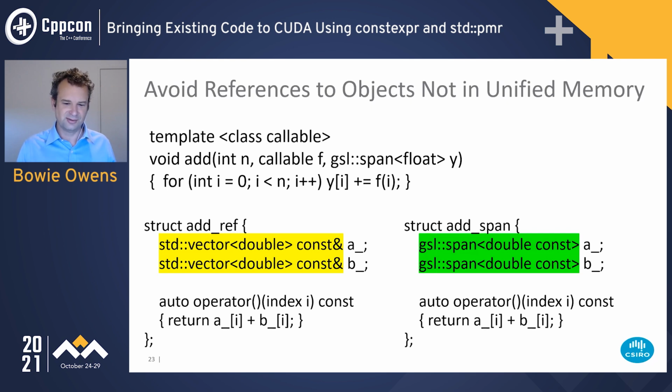Okay, so now that we've looked at using unified memory to do our allocation and solve our access problem, we've just gotten one question that relates to this slide. Shouldn't the callable operator on the add functions be marked as device? The answer is yes.